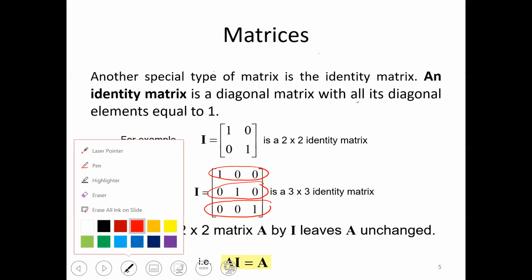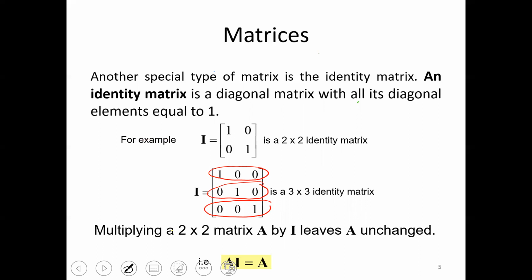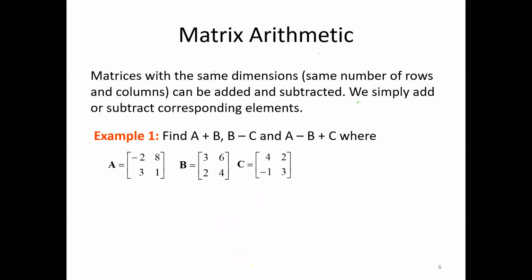The identity matrix is always a square matrix. The number of rows has to be the same as the number of columns. Multiplying a 2 by 2 matrix A by I, the identity matrix, leaves A unchanged. So A multiplied by the identity gives you A, same as it is. It won't change.